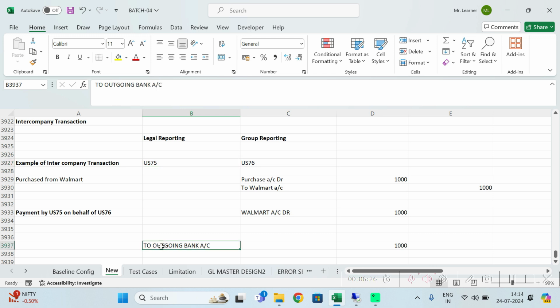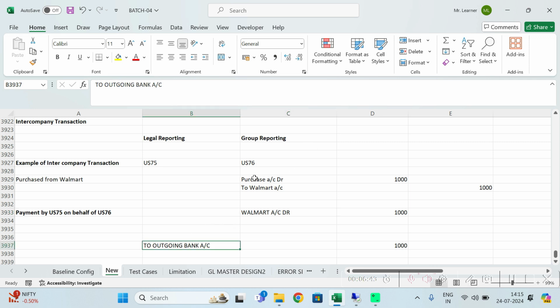Therefore this payment GL or bank GL will be credited in US 75, but the vendor is getting cleared in US 76. So this is the journal entry that will get posted. Walmart account debit, or vendor account debit, to outgoing bank account credit.